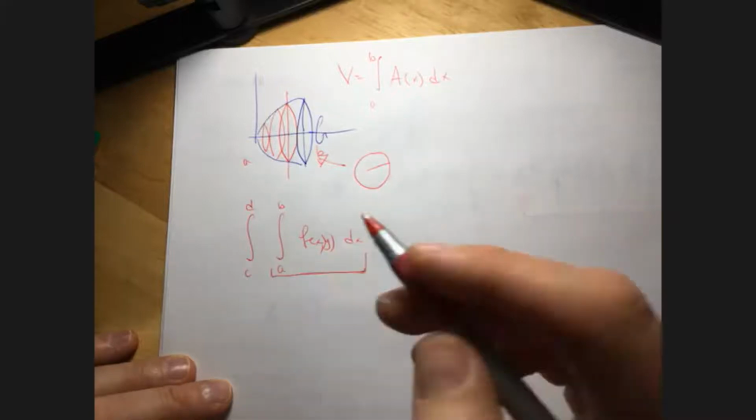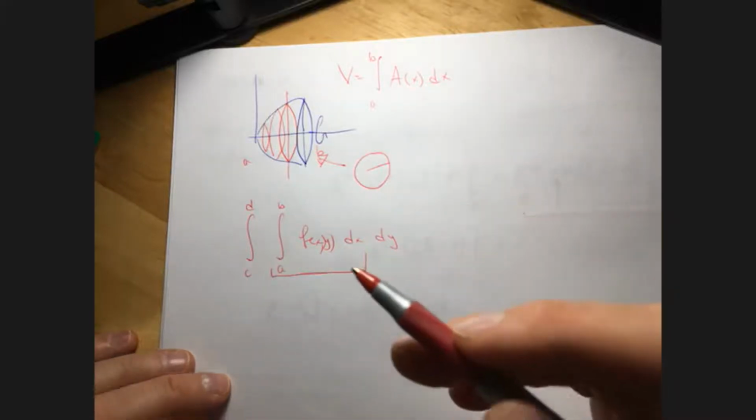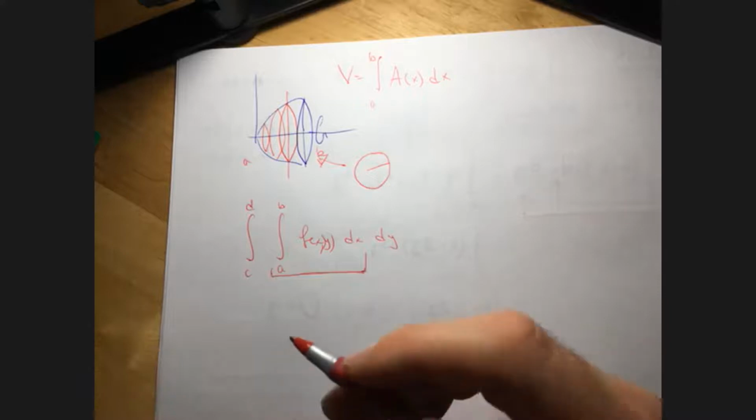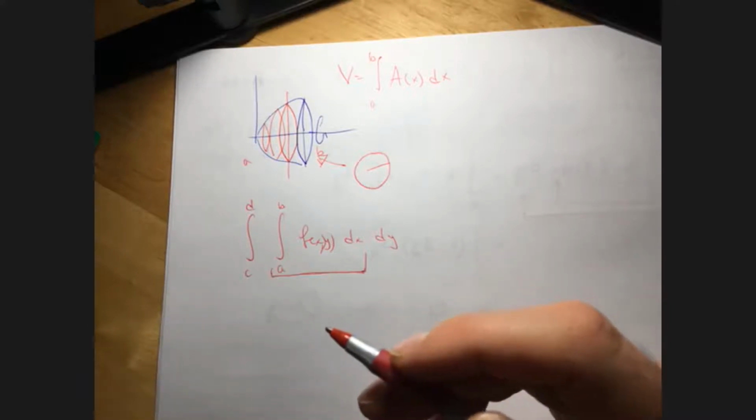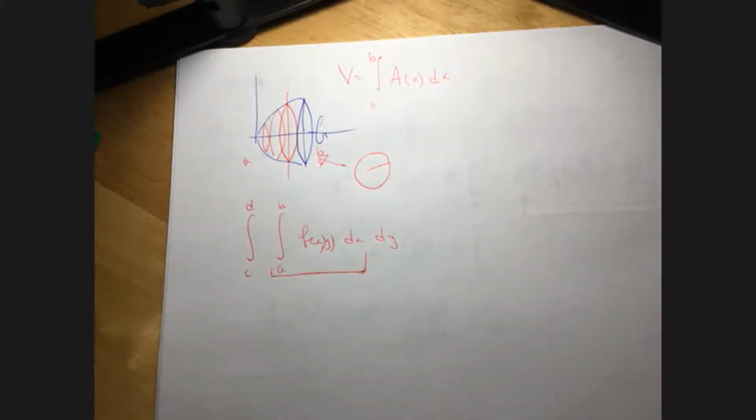So if you have a surface and you start treating every y as a constant, what do you get? You get slices of the surface with a plane parallel to the yz plane. Okay?